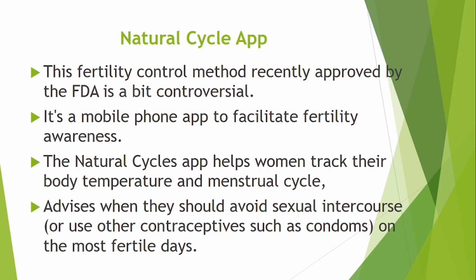The Natural Cycles app helps women to track their body temperature and menstrual cycle, and it advises them on when they should abstain from sexual intercourse or use other contraceptives such as condoms on the days that they are most fertile. So if they are using it in combination with contraceptives, it will not really qualify as natural family planning. But if they abstain from intercourse during that period, then the Natural Cycles app can qualify as a natural family planning method.